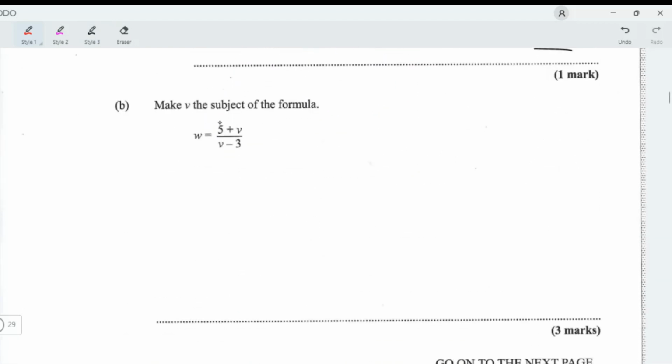The next part says make v the subject of the formula. So first thing, whenever you're doing questions like this, cross multiply. We cross multiply to get w times v minus 3. Remember this would be w over 1 is equal to 5 plus v, because 1 times anything is itself.